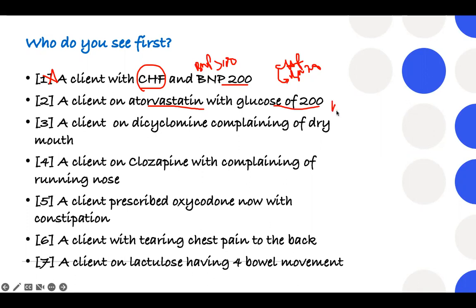A client on atorvastatin with glucose of 200. The best way to remember the side effects of atorvastatin is HMG-CoA reductase inhibitor. That's the name of the enzyme that statins block to decrease your cholesterol. And the side effects are in it. H is hepatic injury, so hepatotoxicity. M is myopathy, which makes the muscle weak and destroys the muscle, causing muscle pain. G is your glucose.